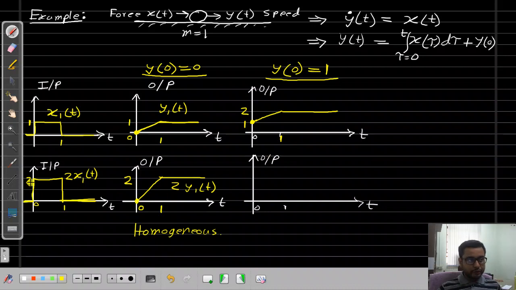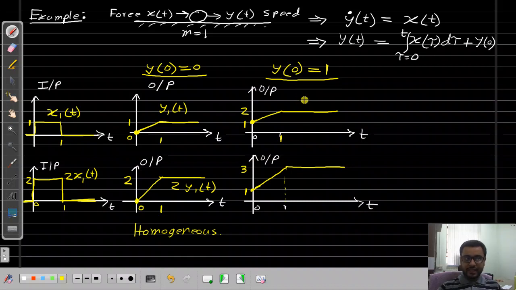Now if I give double input but starting from the same initial velocity, then we are starting from here and the speed increases. Now it will increase faster and will reach a value of 3 at t equal to 1, and then it will become constant. So we are starting at output equal to 1 and reaching output equal to 3.